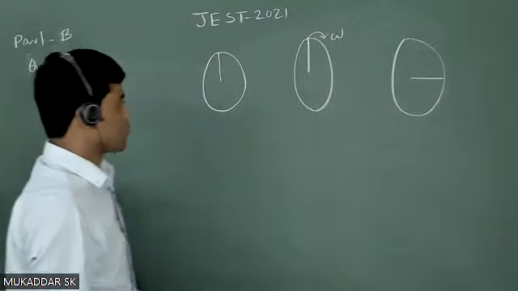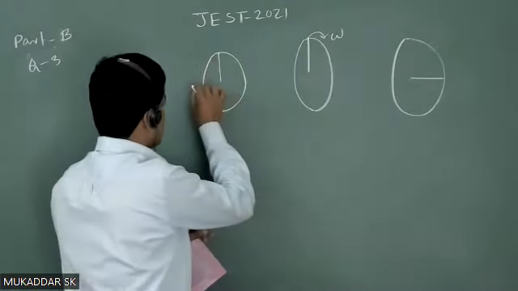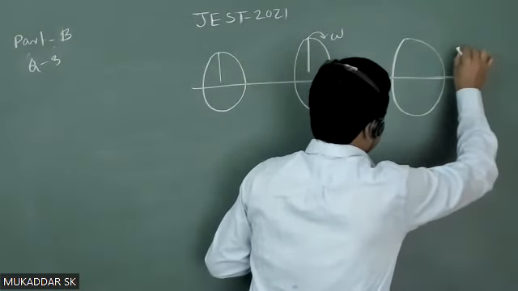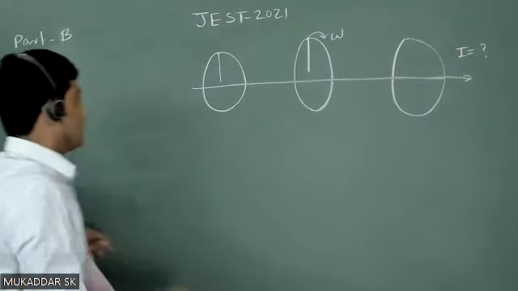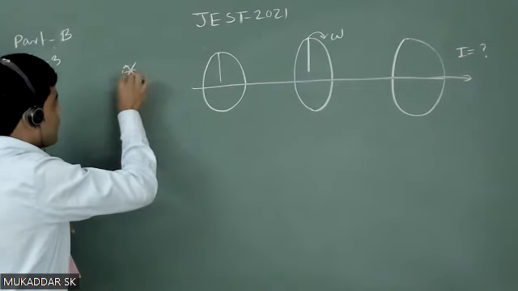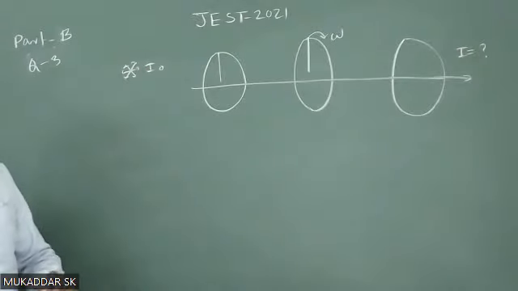So what will be the intensity of the light that is passing through this third polarizer? Here you have unpolarized light of intensity I naught incident. The question is very clear.